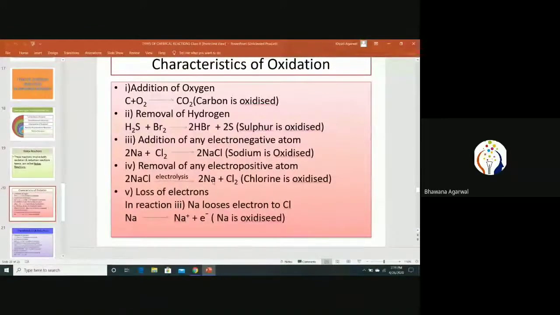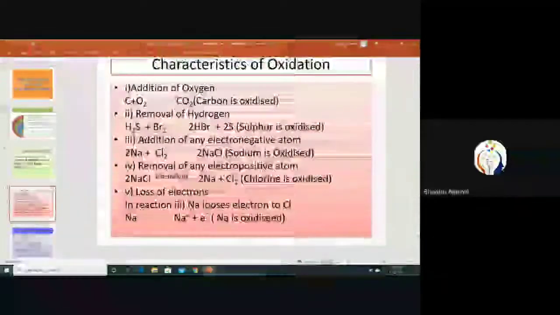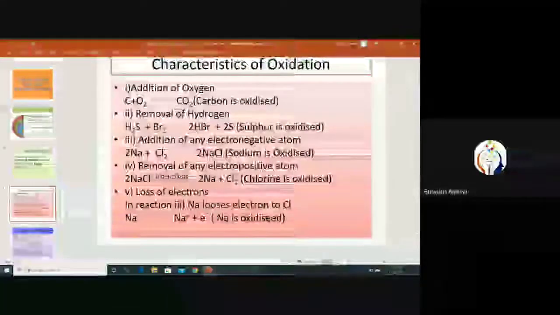In the compound, chlorine was accompanied with sodium, which has the positive charge. Now it has been removed from chlorine and thus the chlorine gets oxidized in this reaction.